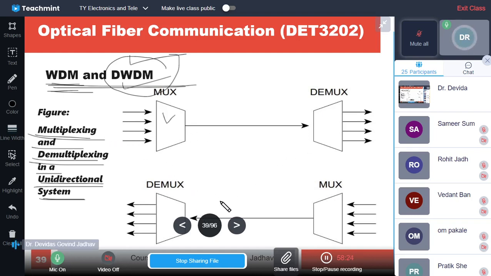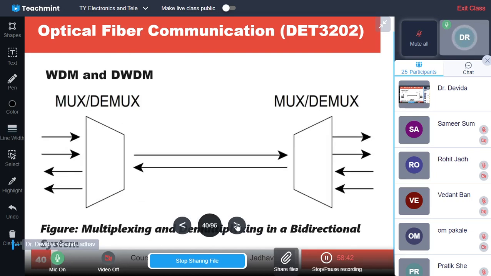Okay. Similarly, from the other side there are multiple signals, wavelengths which are multiplexed, carried by the fiber and demultiplexed and separated out for all the signals. So this is unidirectional, but the fiber is always bidirectional. Okay, WDM can be used as bidirectional. There is a mux demux on one side, there is a mux demux on the other side.